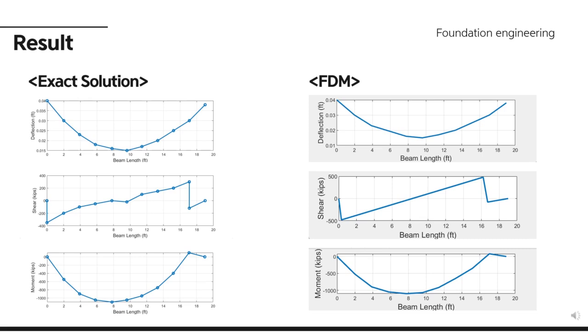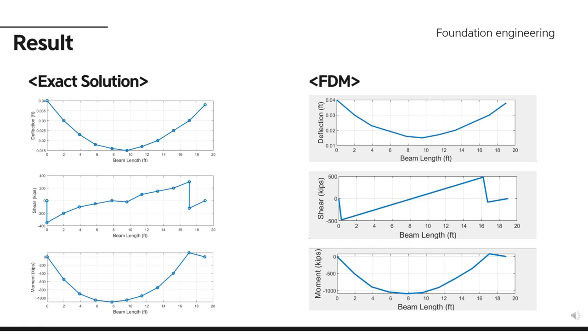This slide visually compares the results from the exact solution and FDM. The left graphs show the exact method, and the right graphs show the FDM results covering deflection, shear, and moment. The deflection graphs show that both methods have minimum values near the center and near zero value at both ends.